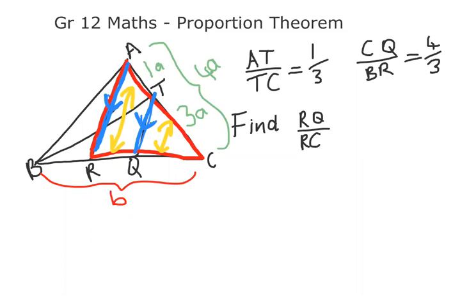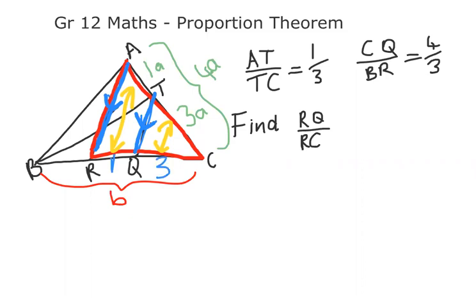If this is parallel, then we said this side is B. I'm going to mark this the same, which is 1, and let's write it in blue. So that's going to be 1, and this is going to be 3. Why?